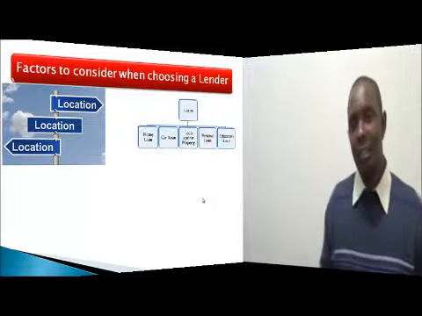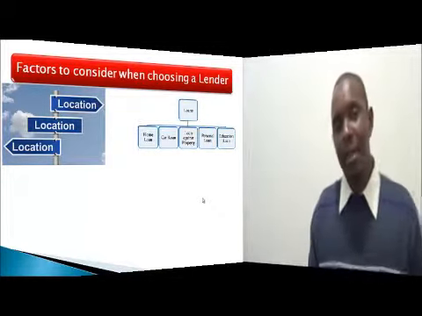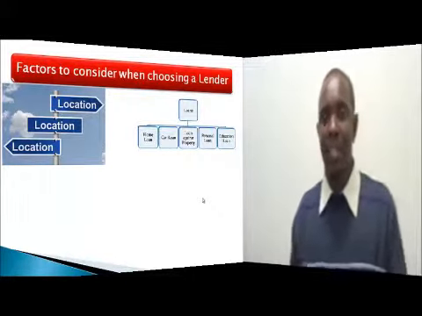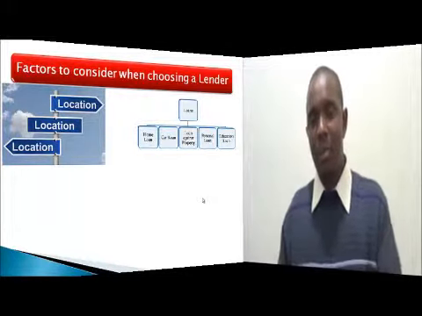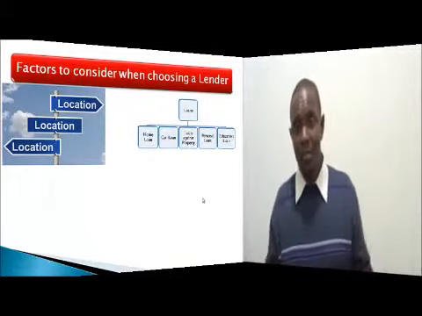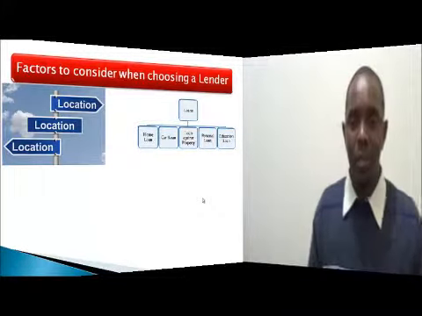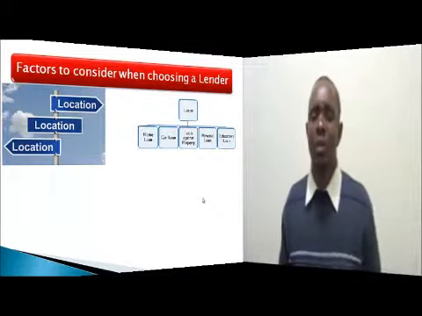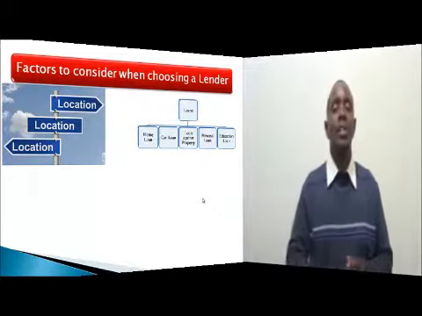The other thing is the type of loan offered by this institution. For example, a home loan. What type of loan do you want? Or what type of products or loans is the financial institution offering? Remember, we have quite a number of loans, like car loans, home loans, loans against properties, personal loans, education loans.